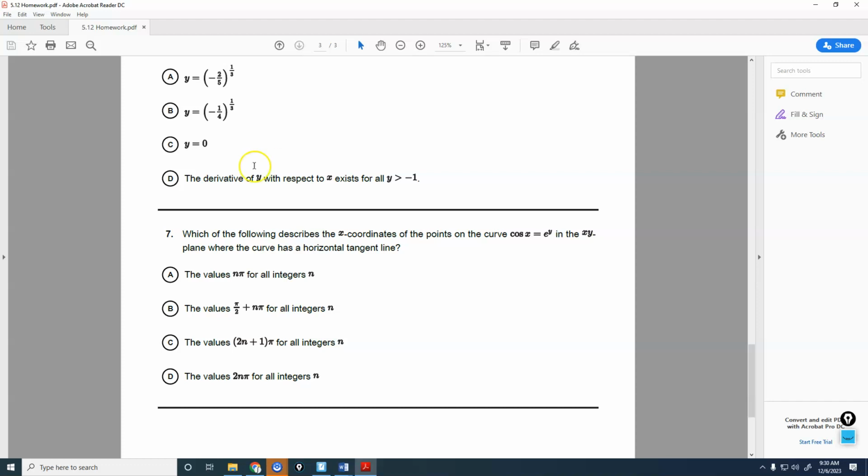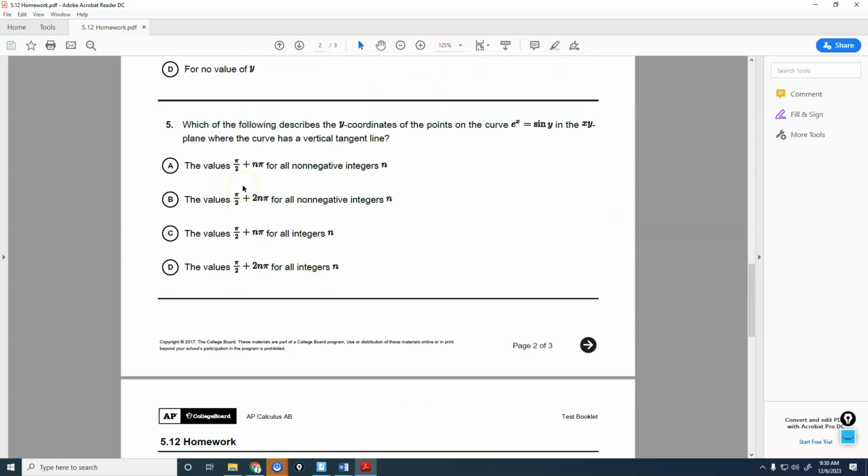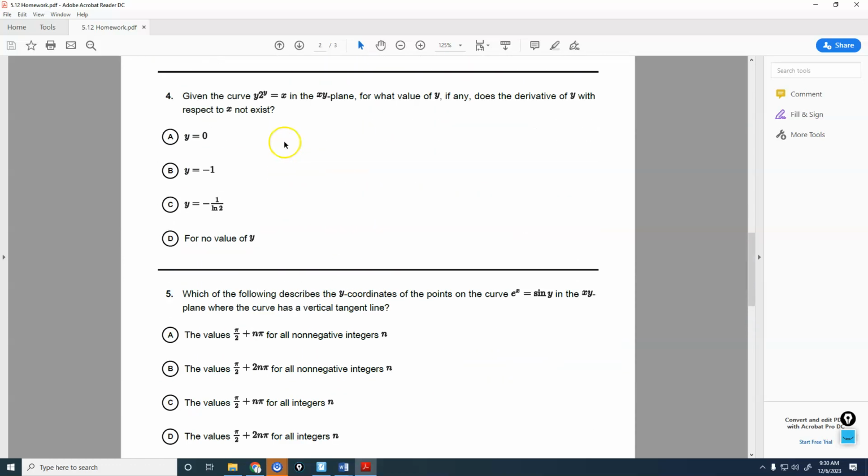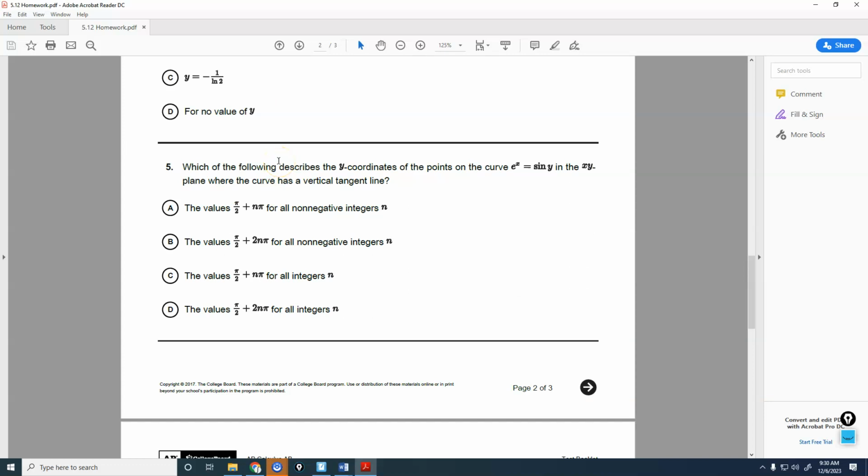Okay, number 5. I've got it written here. Number 5 is the one I wanted to do. For 4, we didn't do one exactly like that, but it says where the derivative does not exist. If you want to know where the derivative does not exist, it's undefined, so the denominator equals 0. Take the derivative and set the denominator equal to 0. 7 is like 5, so once we do 5, 7 is similar.